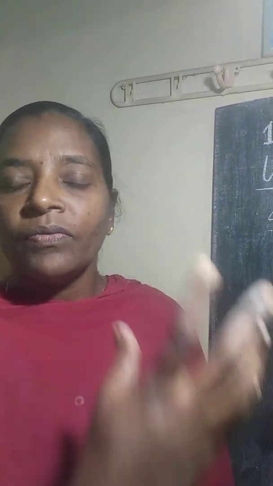Through some objects, light can easily pass through; through some objects, a very little amount of light passes through, or light passes partially; but through some other objects light cannot pass at all. So these are the three types of objects.